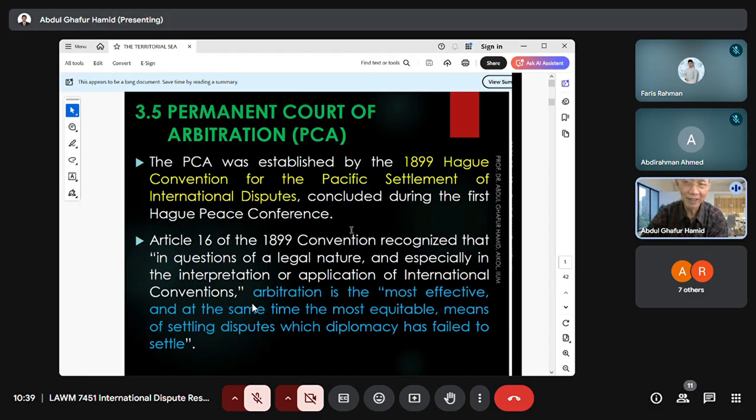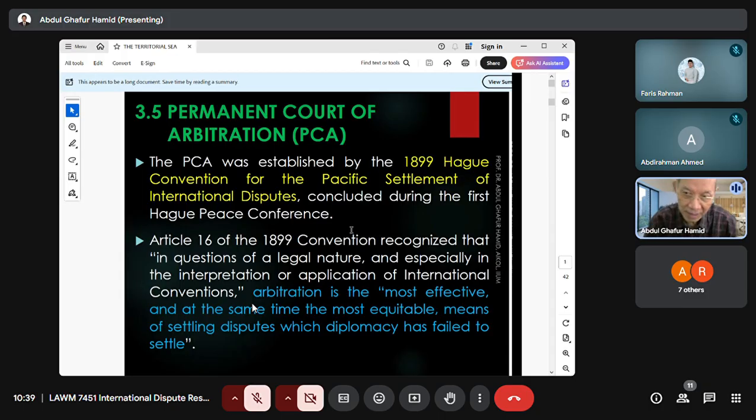The two Hague peace conferences, first 1899, second 1907, are very important in international dispute settlement, and they mainly emphasize arbitration. Although they talk about other means of peaceful settlement, they focus more on arbitration.